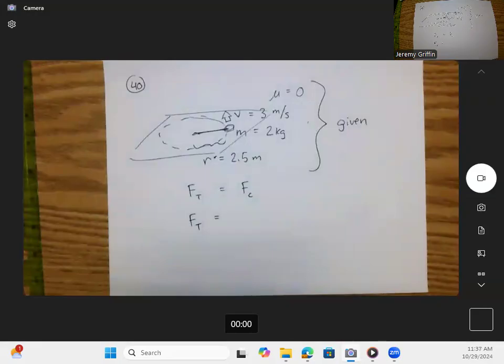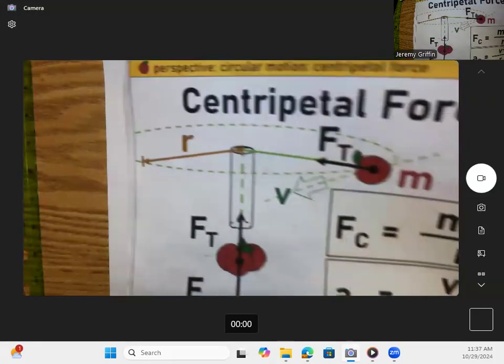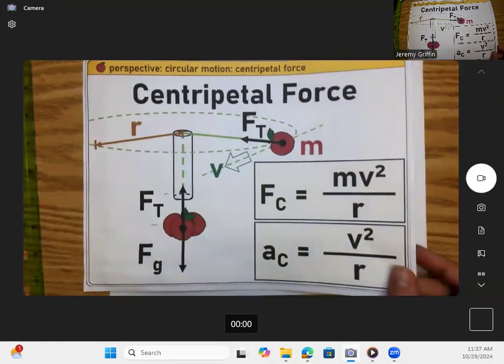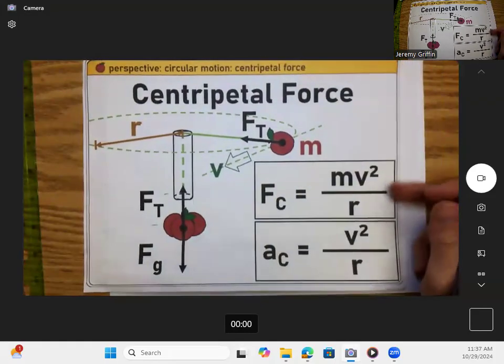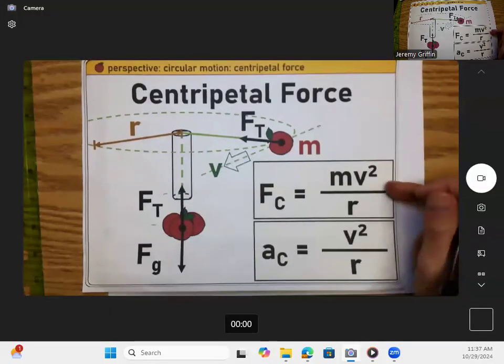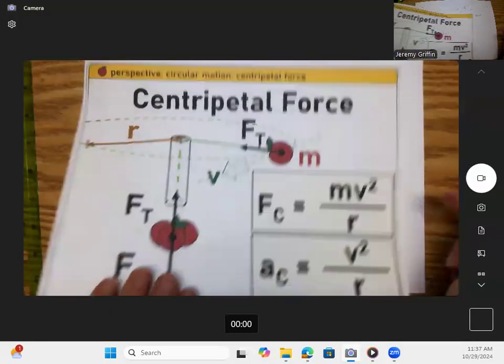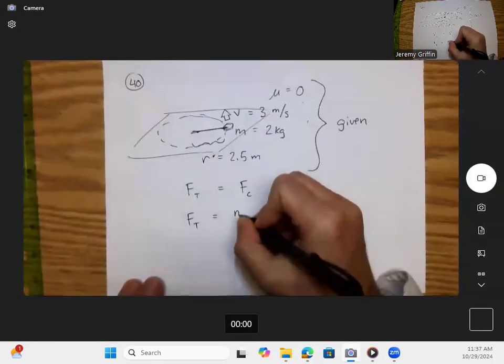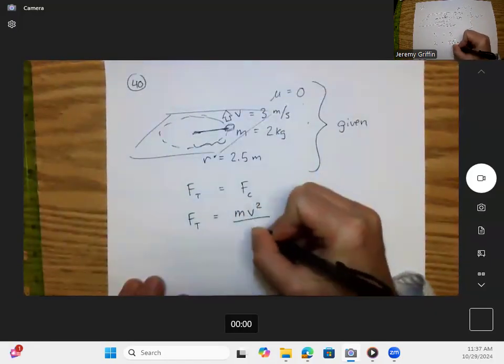What's an expression for a centripetal force? Aha, mv squared over r, like straight from your lab. That's the answer to your lab, isn't it? Let's do mv squared over r.